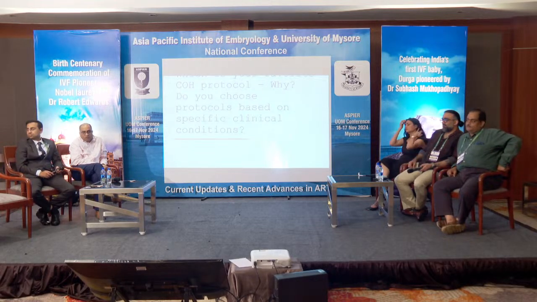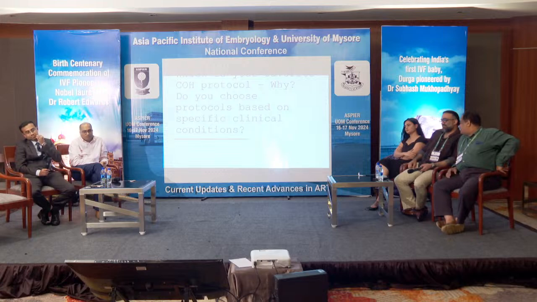About the different types of protocols. When we started in '96, everybody was getting the long protocol, and some people at that time also had the short protocol. We started with a small dose of leuprolide with the HMG or FSH from the second day, and gave it for some days.